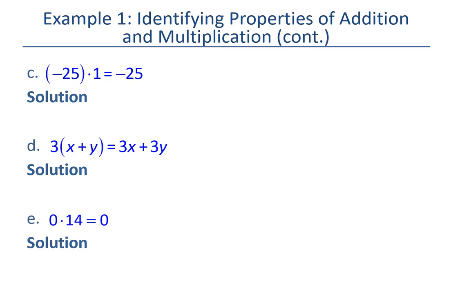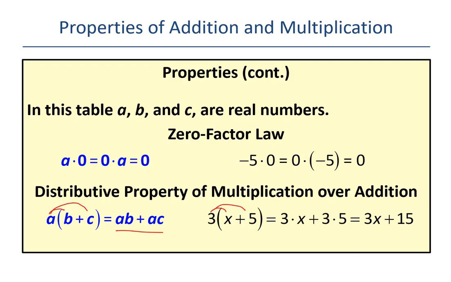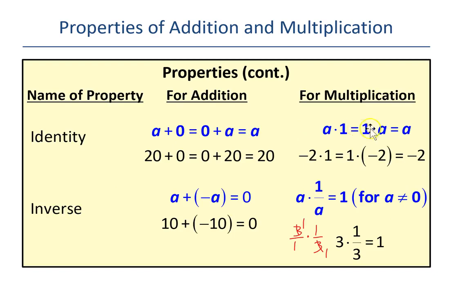So if we come in here and look at this, we've got negative 25 times 1 equals negative 25. If we remember, let's go back up and look, and notice that whenever anything equals, it makes it look like itself. We're not adding, we're multiplying this one. Notice here we've got a times 1 or 1 times a, it still equals a.